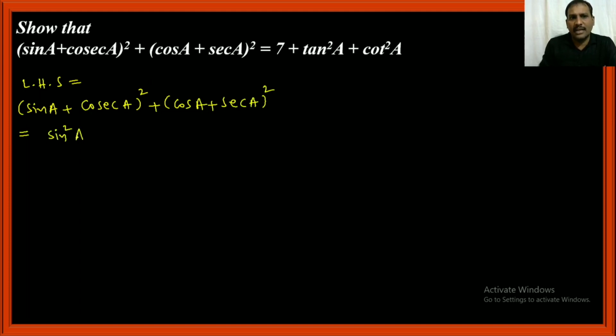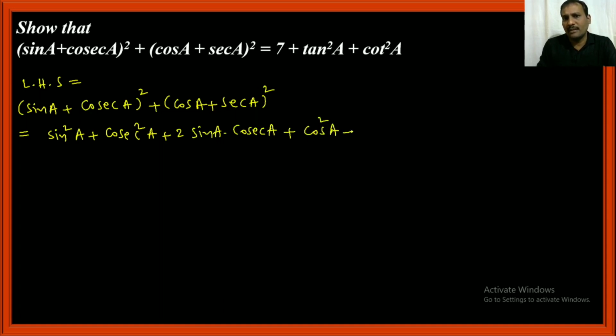Sin square a plus cosecant square a plus 2 sin a into cosecant a, plus (cos a plus secant a) whole square, cos square a plus secant square a plus 2 cos a into secant a. If you observe here, this sin a and cosecant a are reciprocals. You can cancel them.